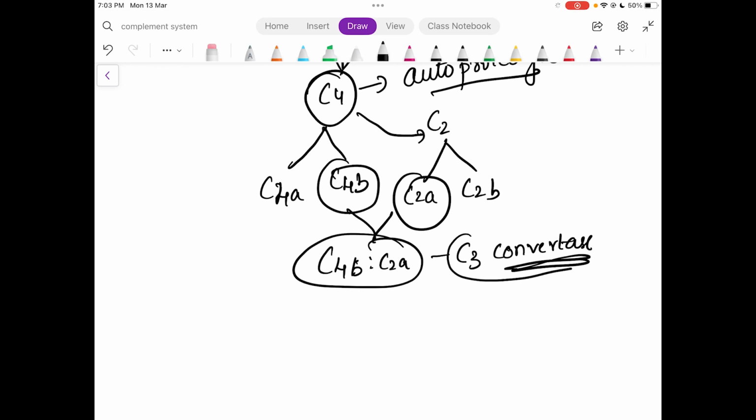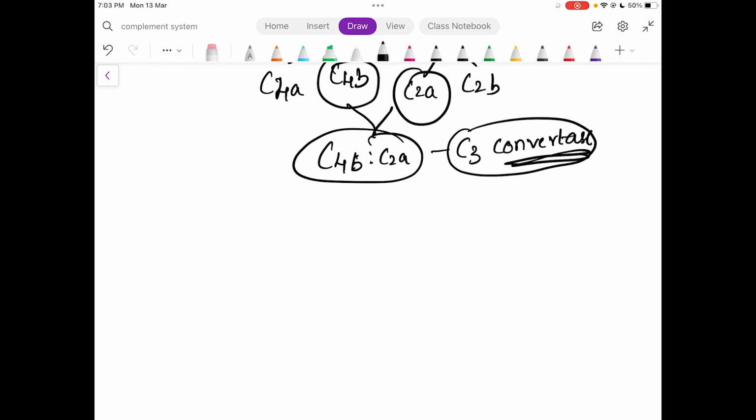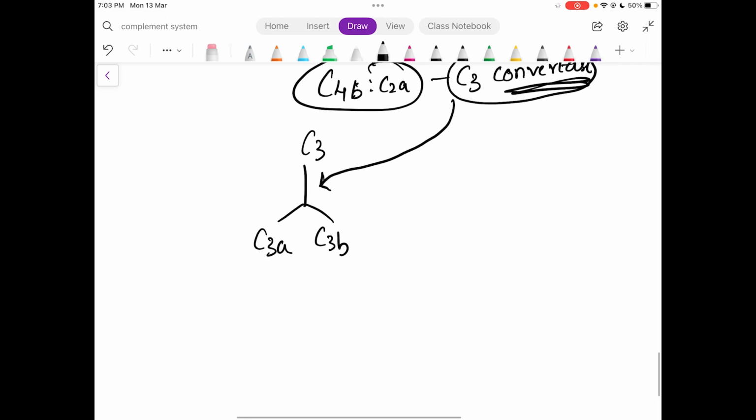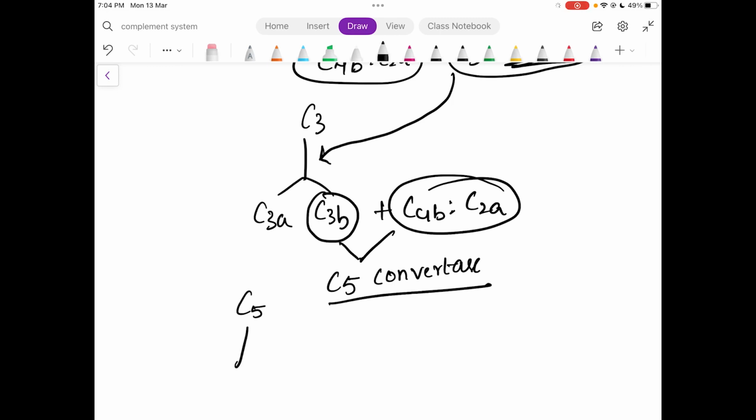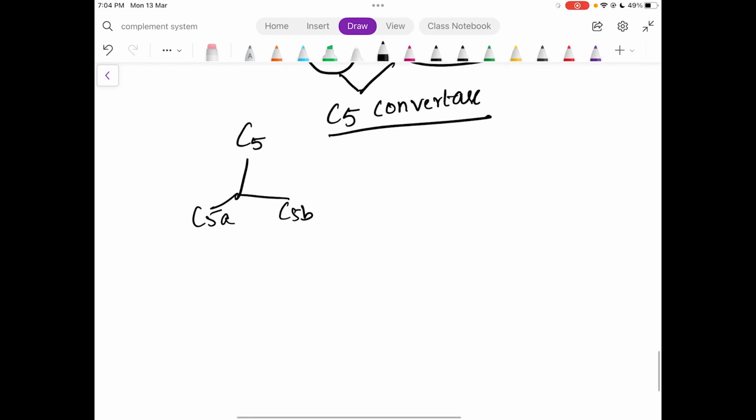This C3 convertase will act on C3 and cause splitting of C3 into C3A and C3B. Now C3B will combine with C4B and C2A and form a complex called C5 convertase, which will convert C5 into C5A and C5B.